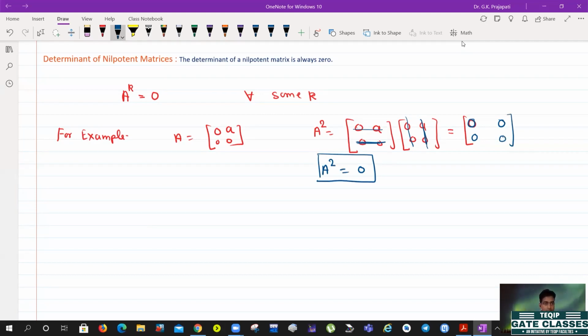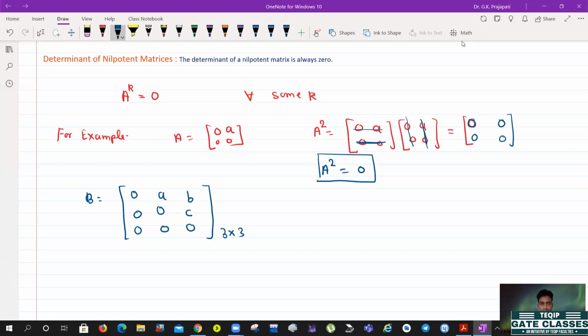Again, if we take B equal to another matrix of order 3 cross 3, with diagonal elements 0, 0, 0, upper diagonal elements a, b, c, and lower diagonal elements 0, 0, 0, then this is also a nilpotent matrix.